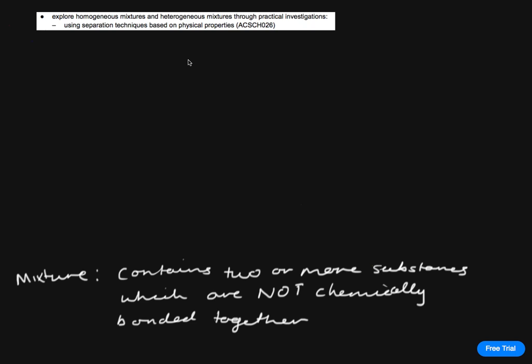I'm not going to go through all of them, but what I strongly recommend is that you ask your teacher if they have a list of separation techniques for homogeneous mixtures and for heterogeneous mixtures, or simply Google them and write a few down. I'm only going to go through a few.